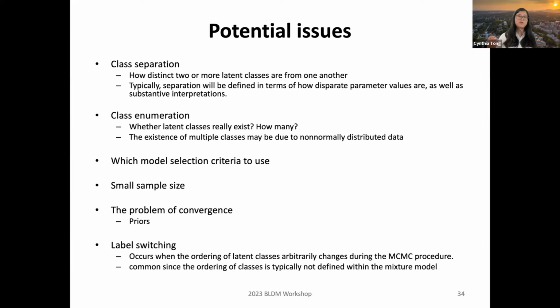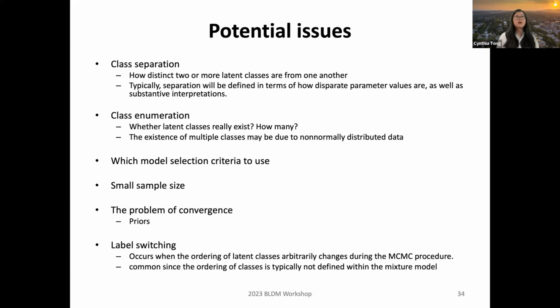But if the class separation is small, they're mixed together, then the class enumeration would not be as accurate. The class enumeration is also related to other things like the balance of the groups. If some groups have much larger sample size and the other groups have much fewer, then it also would affect the accuracy of the class enumeration. Basically, we just care about how many latent classes there are.